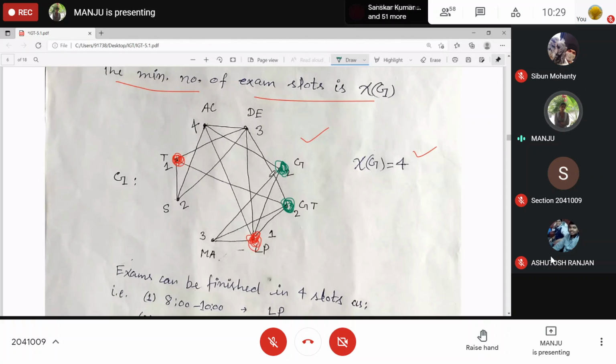What else? We cannot use 2 here. This one, we can use 2 over here or here, that's up to you. So here we have used 2. So LP, that is linear programming, and topology are parallel exams, right?